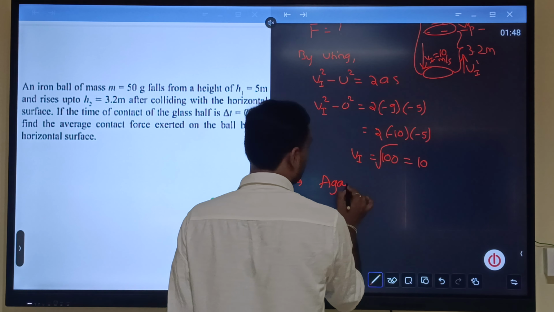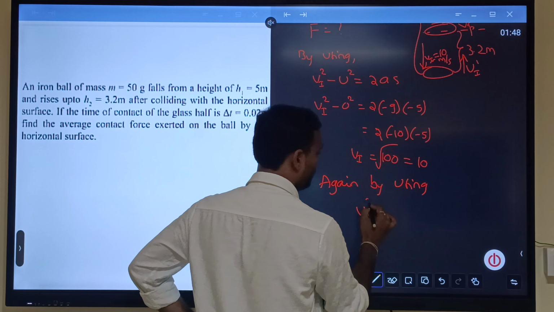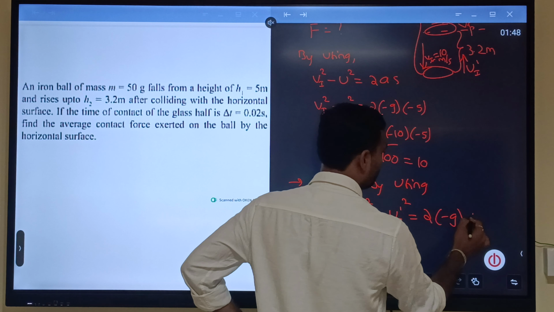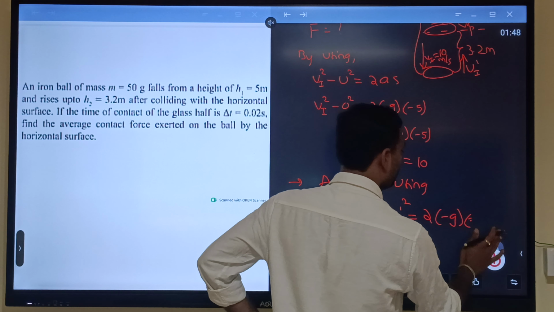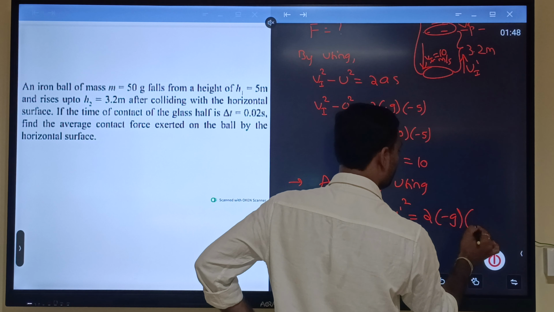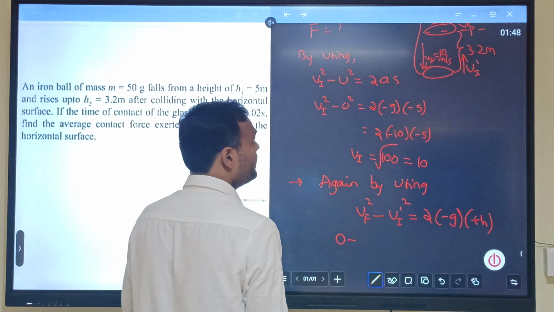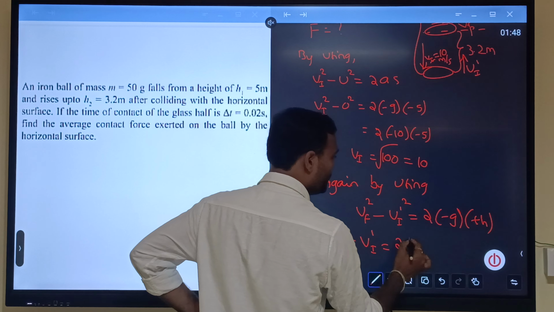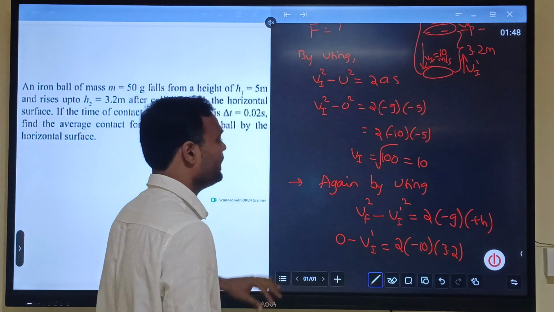Again, by using Vf square equals Vi dash square minus 2 g h, plus h, because the object is moving in the upward direction. So this will be plus the h. Right? Then Vf is 0, Vi dash is what we are going to find, 2 into minus 10, h is 3.2.